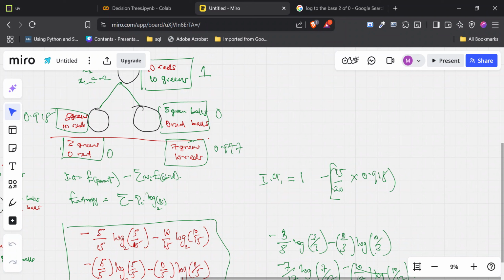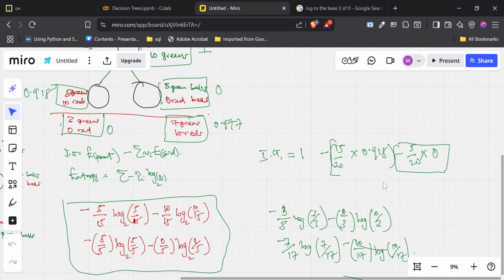Then go minus again, basically the continuous subtraction, minus the second one. That is 5 over 20 multiplied by 0. So all of this becomes 0, and the only thing that we need to compute is 15 over 20 multiplied by 0.918.